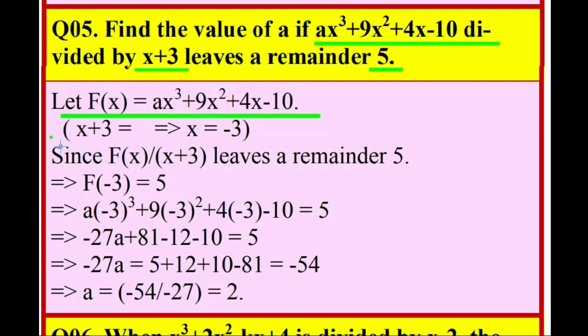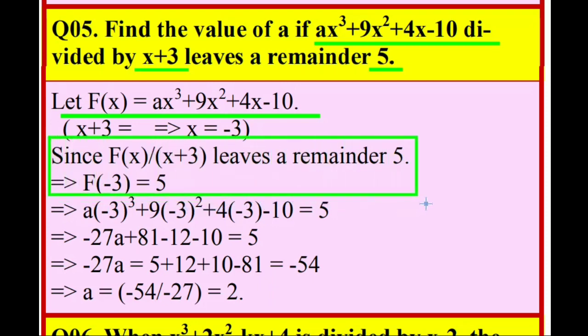Now the theorem says, since f(x) divided by x plus 3 leaves a remainder 5, according to the quotient the remainder is 5, and according to the theorem the remainder is f of minus 3. The remainder theorem says that the remainder obtained is f of minus 3, and the quotient says that the remainder obtained is 5.